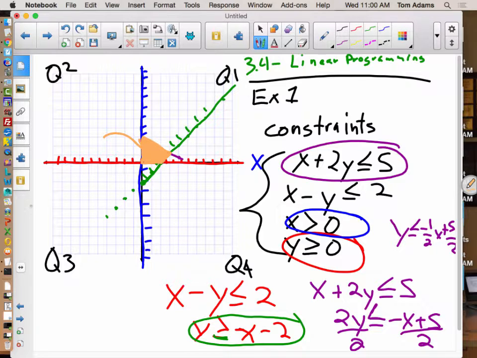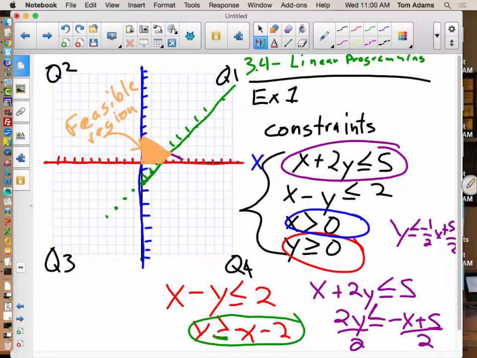And so this right here is what we call the feasible region. And basically, an x and y value from that entire region will give me a solution to all of the constraints.